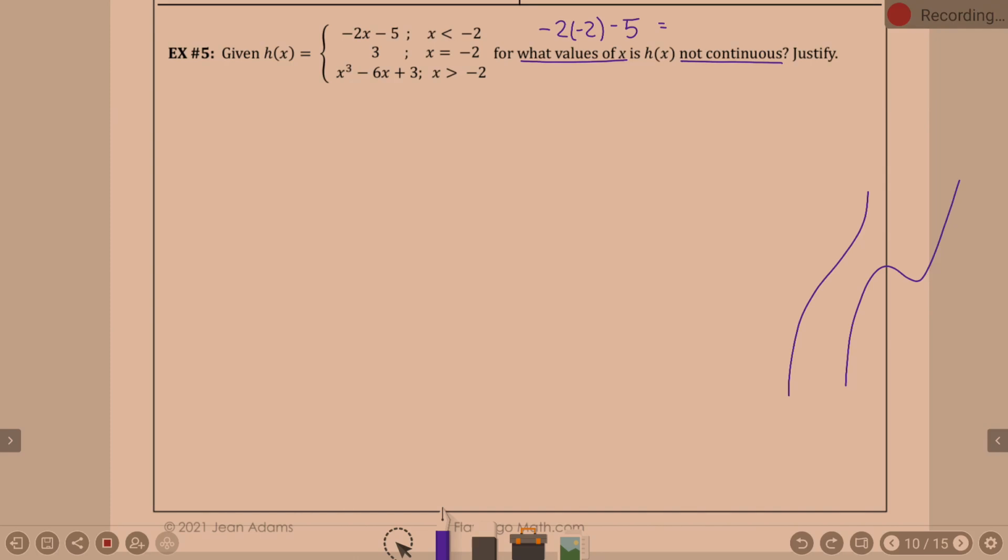Well, right there, do I have a problem? Yeah, because at negative 2, what's my graph equal? 3. I've got a problem already. What about my right? Negative 2 cubed minus 6 times negative 2 plus 3.